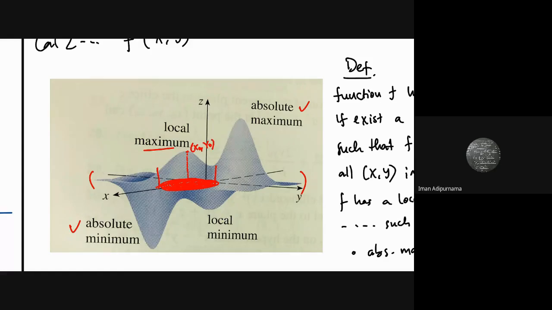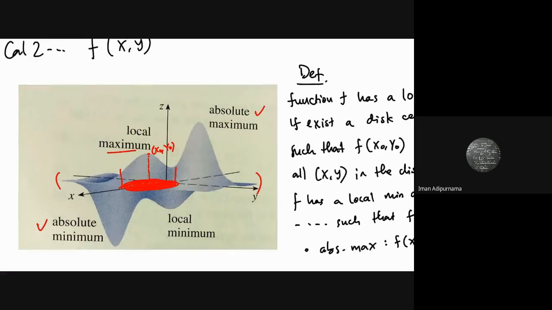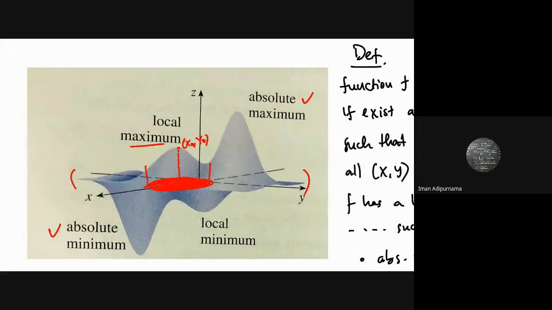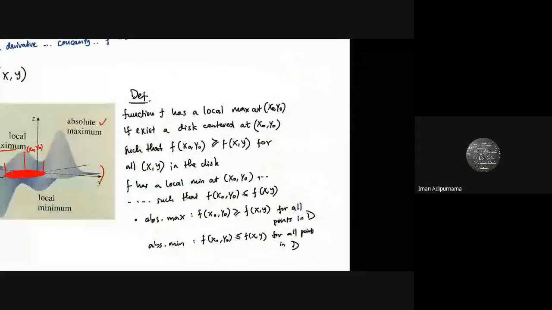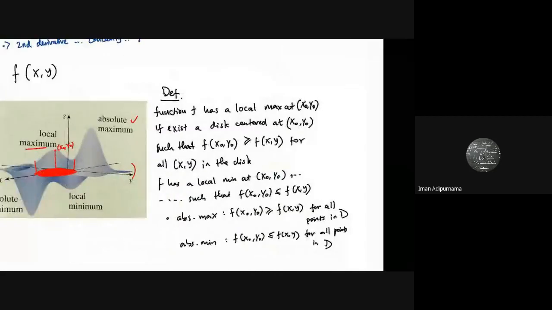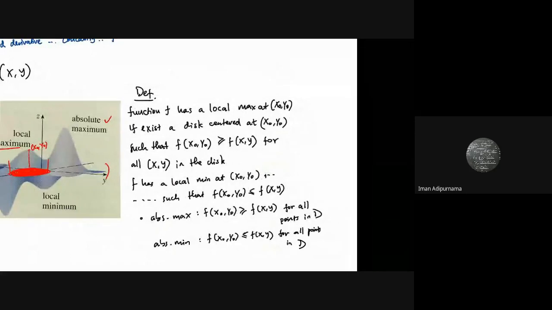If you just look at the picture, you know how to describe these words. This is just to describe all the phenomena in a more rigorous or exact way in math.